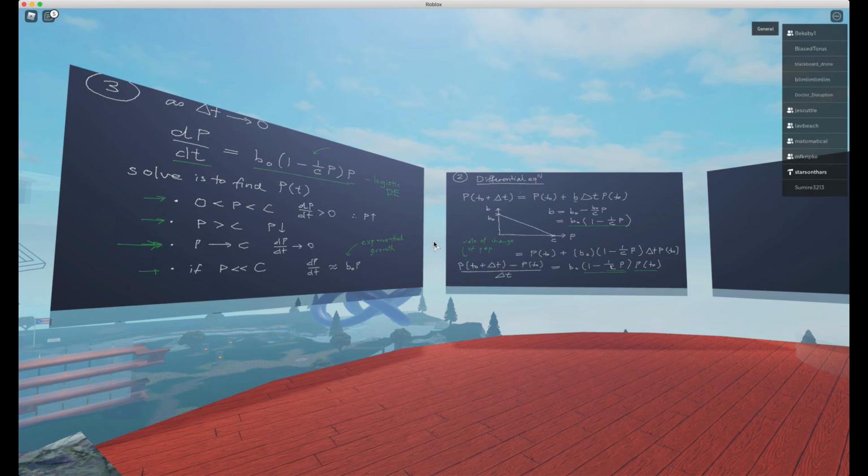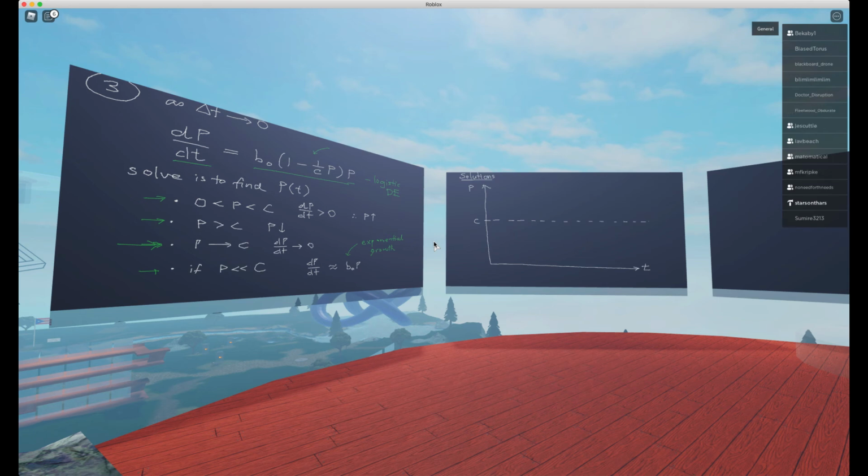Okay, so what I'm going to do is just sketch on the second board basically what solutions to this differential equation look like. So the x-axis will be time. The y-axis is population. Let's say this is the carrying capacity.